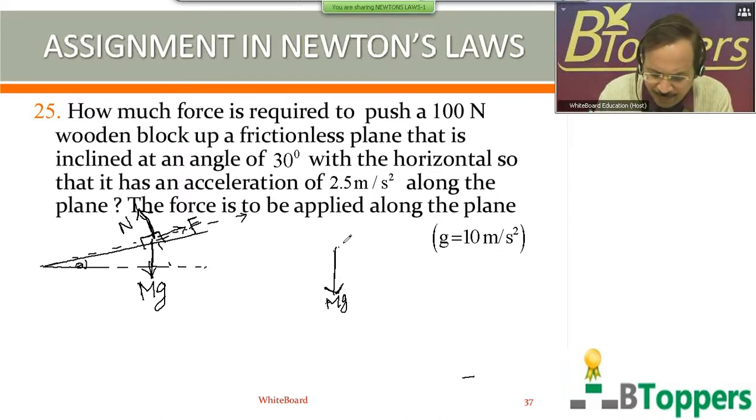The normal reaction force on the block by the inclined plane acts perpendicular to the inclined surface and directed away from surface. Let F denote the magnitude of force to be applied on the block parallel to the inclined surface to move the block up along the inclined plane with a given acceleration.